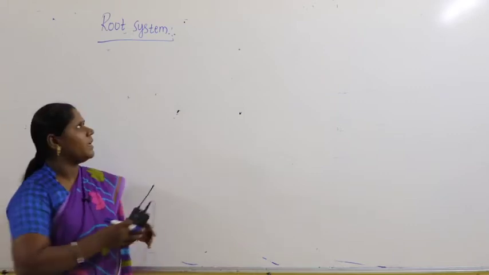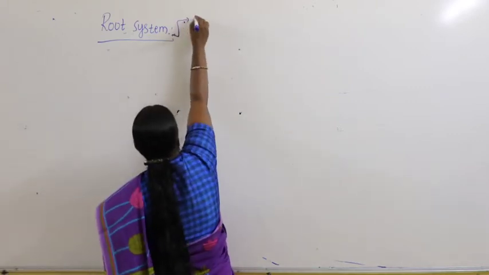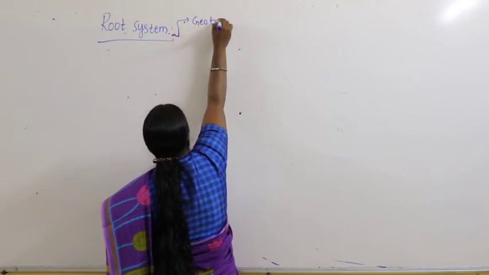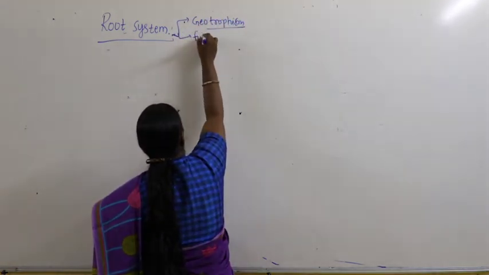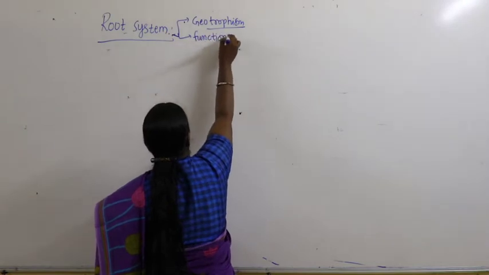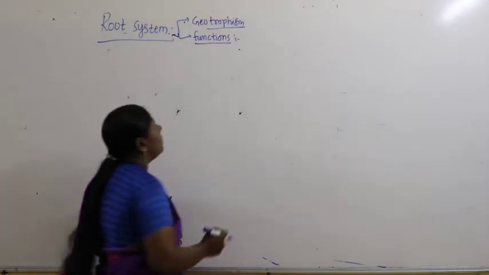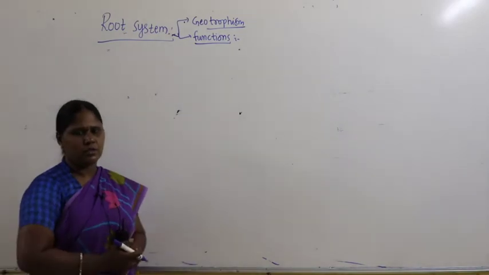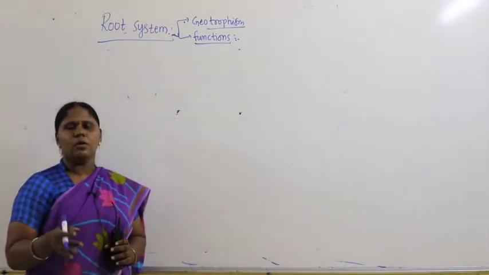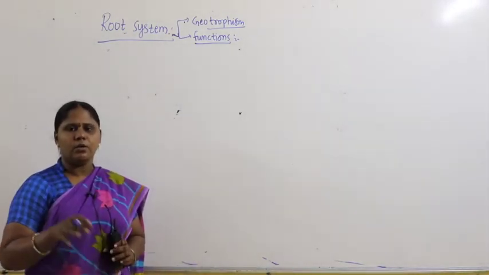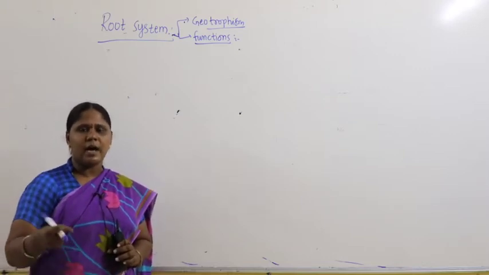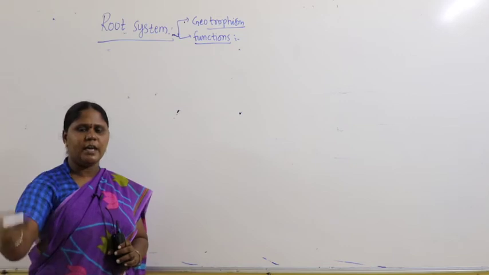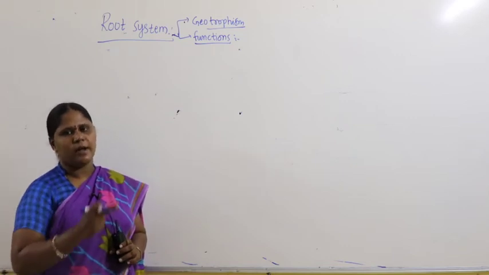Just now we studied points like geotropism, and if you mainly look at functions, very importantly, roots are meant for absorption of water and minerals. Directly from the soil, they take water and minerals and supply them to the plant.